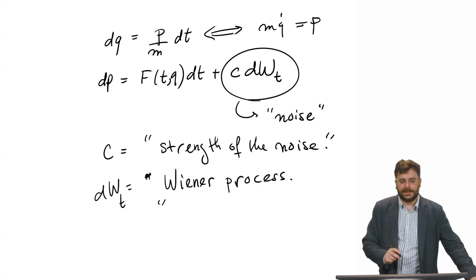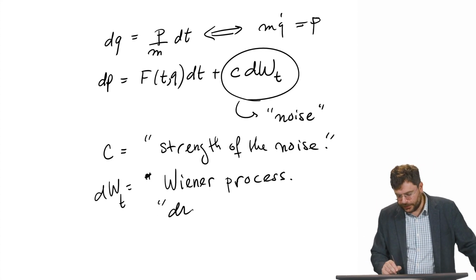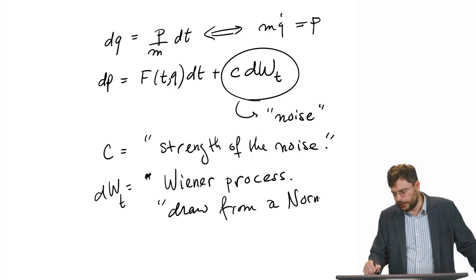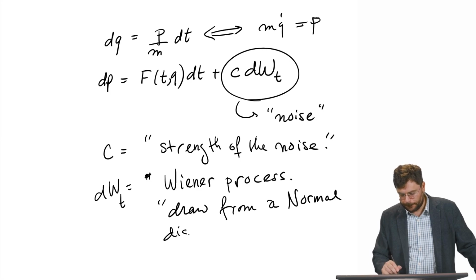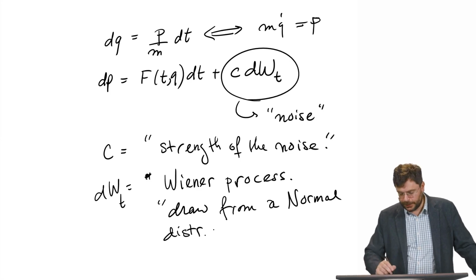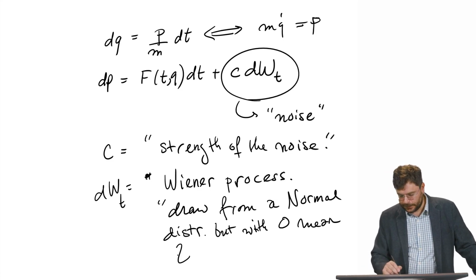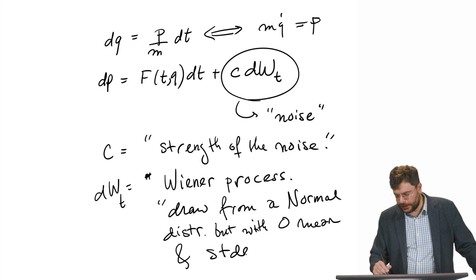But basically what it is is a draw from a normal distribution, and we'll get to it, but with zero mean and standard deviation, that's our sigma, of 1.